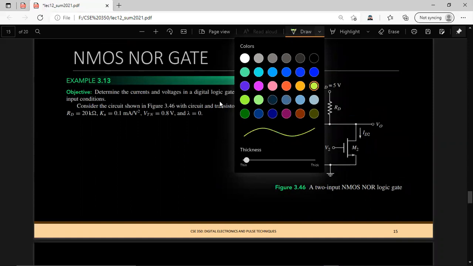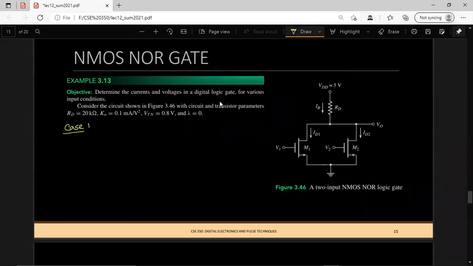Okay, so now we can consider the final case, that is when the two input voltages are high. Case 3 should be V1 equals V2 equals 5 volt. In this case, the actual formula would be IR equals ID1 plus ID2, because both of these transistors are now turned on, so we need to add up these two currents to get the value of IR.